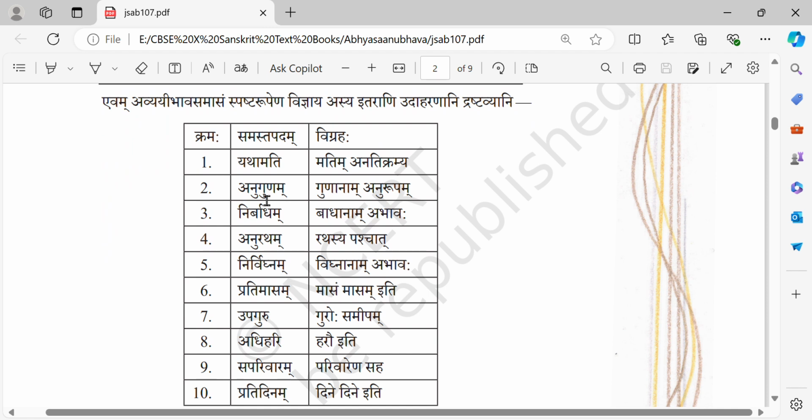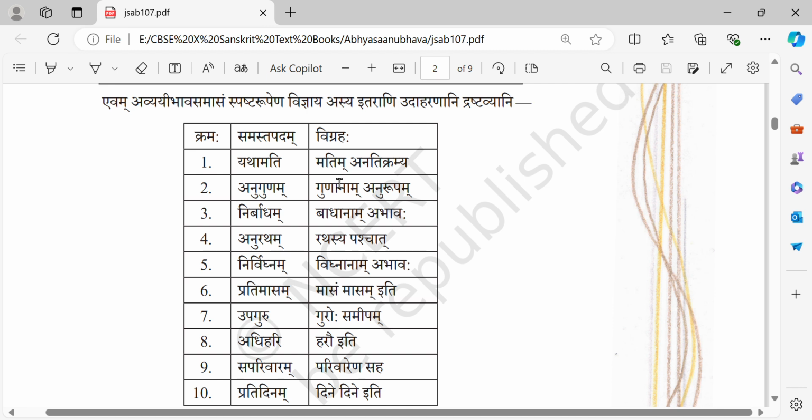Now let me tell you, you have to follow this format when such a samasa is given. For example, yathamati. Matim anatikramya yathamati.